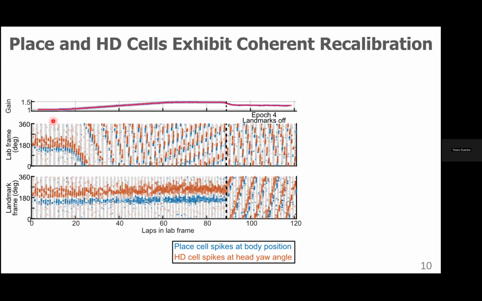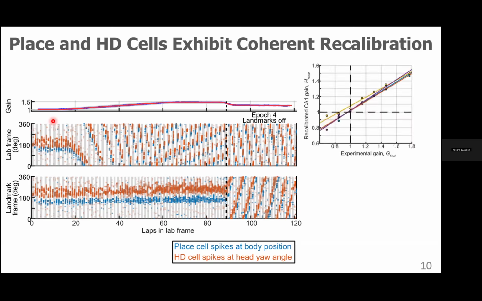Okay? And to make sure that this gain value that the system took was in fact related to the previously experienced visual gain, instead of the system randomly picking this value for no reason, we repeated this experiment with different experimental gain values. On this plot, each color indicates a different animal.